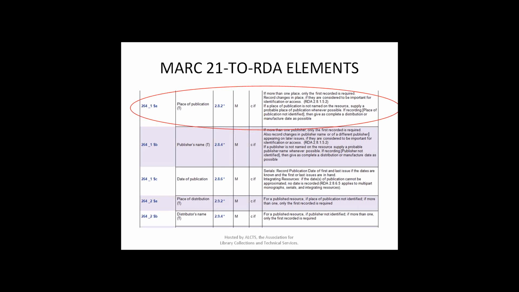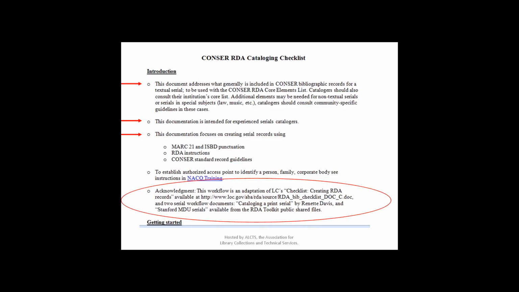So that was just kind of an overview of the MARC 21 to RDA core element set. It's got the same elements as the RDA instruction organized document, but it's just in MARC 21 order. Now I'm going to talk about the other tool that we have, which is more of a workflow, and it's what we call the CONSER RDA cataloging checklist.